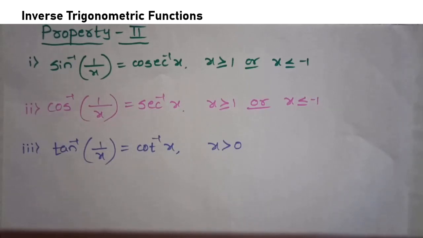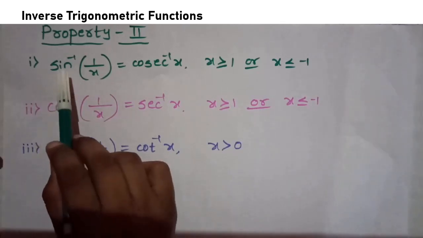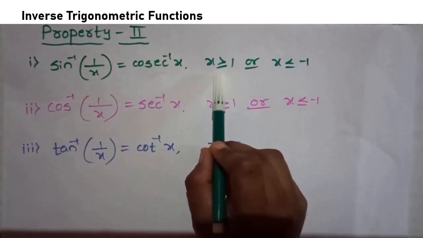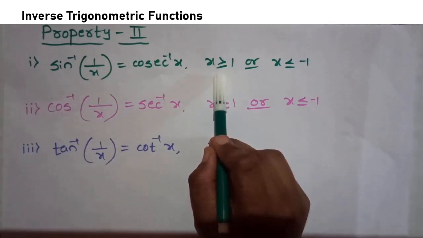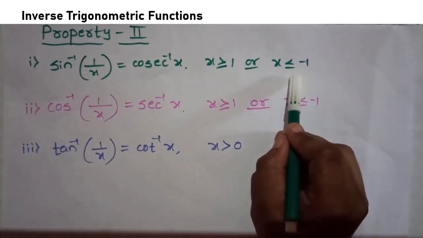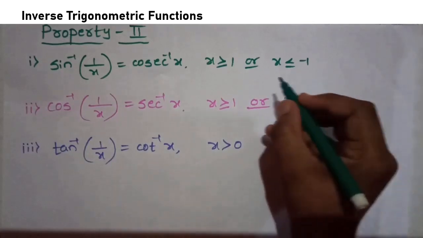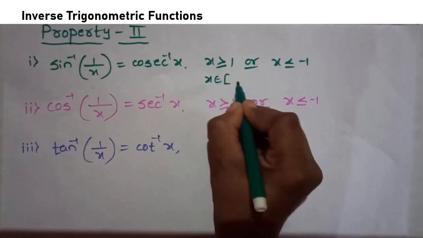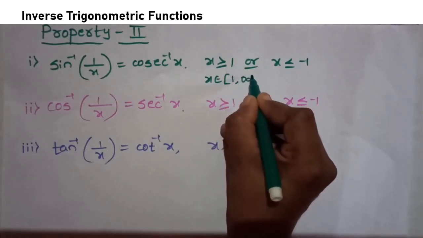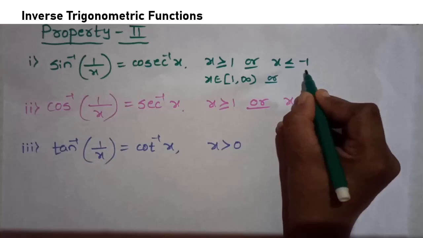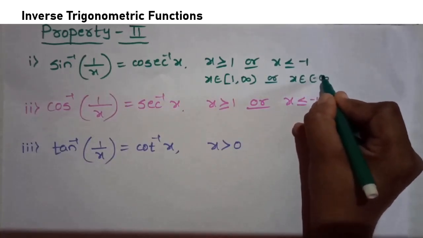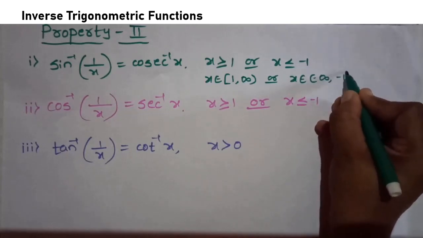In that, 3 sub properties are there. The first property is sine inverse of 1 by x is cosec inverse x, where this condition is very important: x should be greater than or equal to 1 or x is less than or equal to -1. It's nothing but x belongs to the semi closed interval 1 to infinity, or x belongs to the semi open interval -infinity to -1.